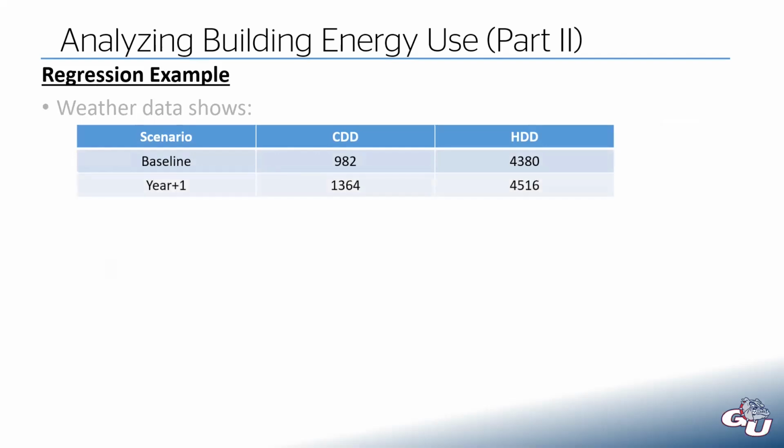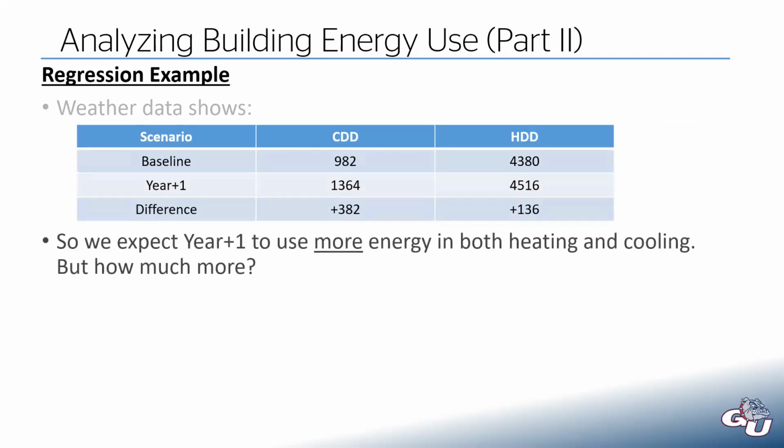And then in year +1, the year after the project, we had more cooling degree days, more heating degree days, and not necessarily by a small amount. So we expect in year +1 they're going to use a little more energy just because the weather was more severe. But how much more?